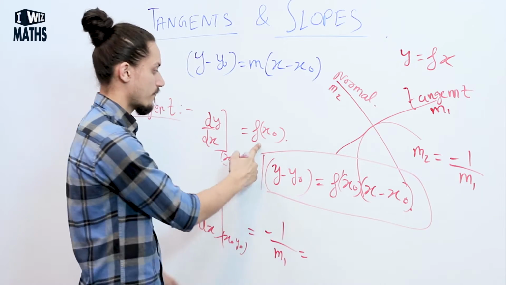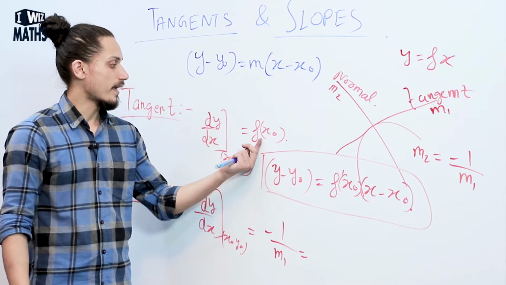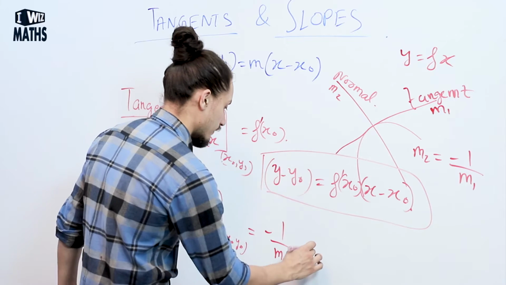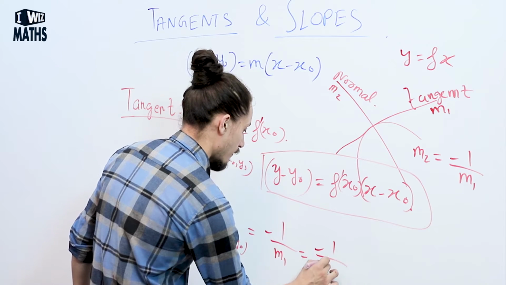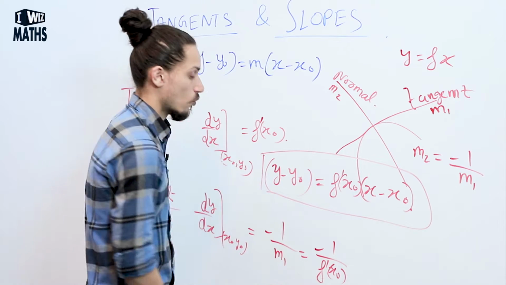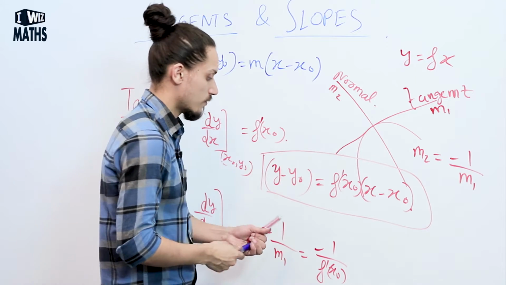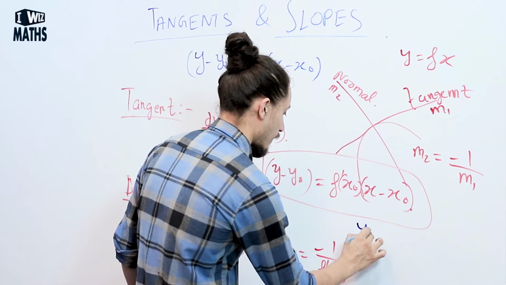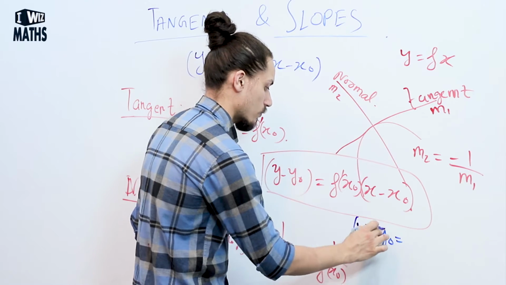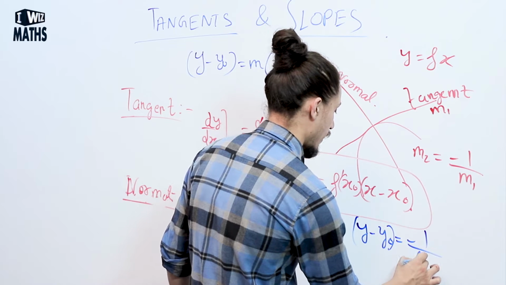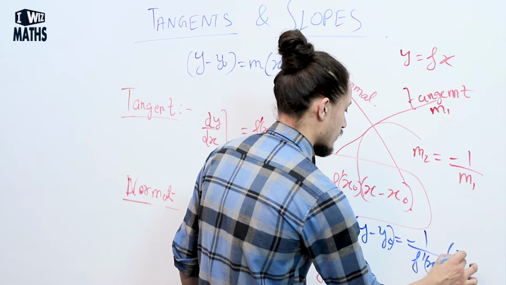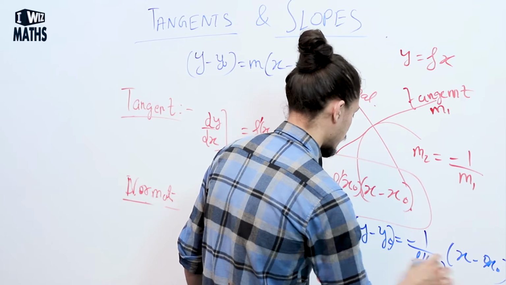The slope of the tangent is f dash x0, so we get minus 1 upon f dash x0. So the equation of the normal will become y minus y0 is equal to minus 1 upon f dash x0 into x minus x0.